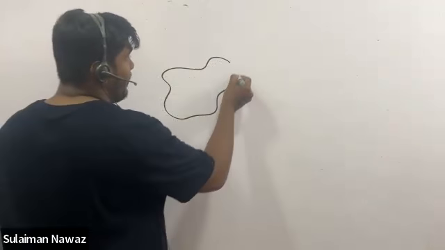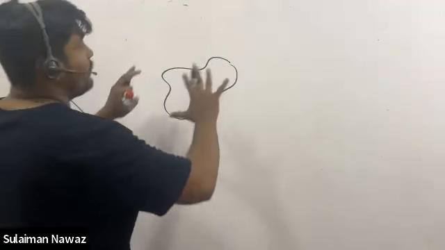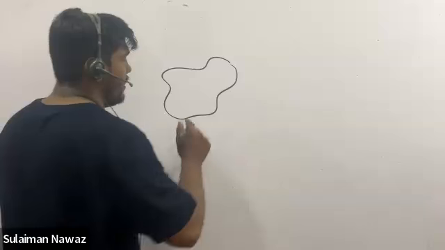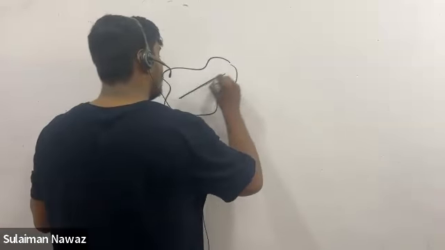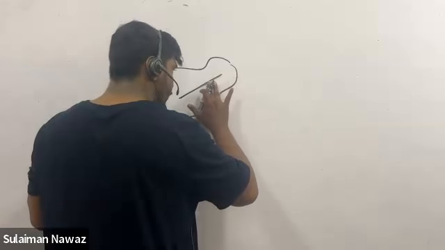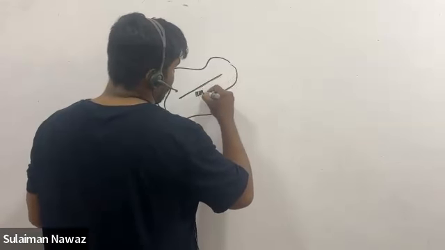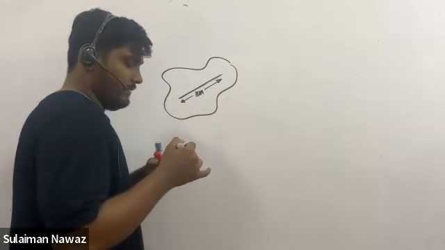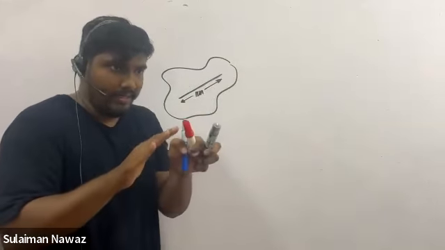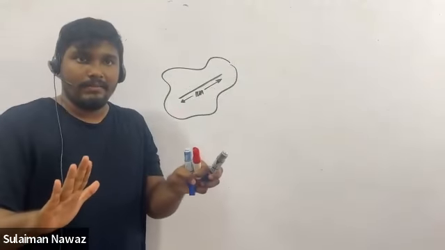And if I draw an imaginary line on the liquid surface, the top view, having unit length, 1 meter, right? Now you know that it's like a balloon surface.